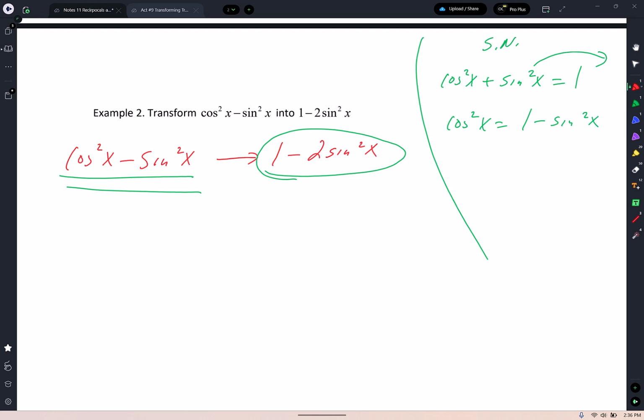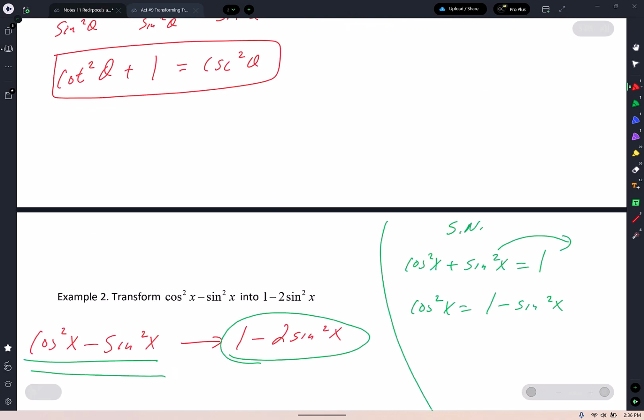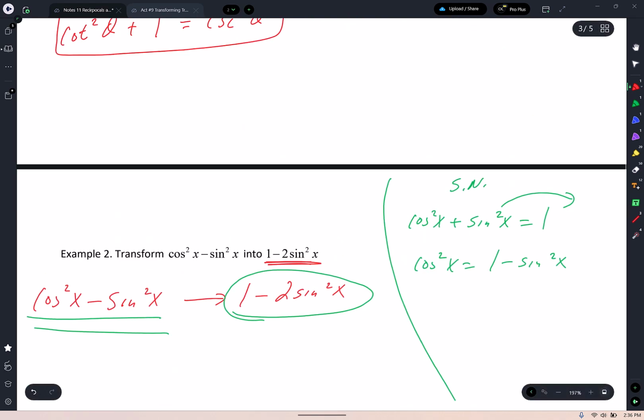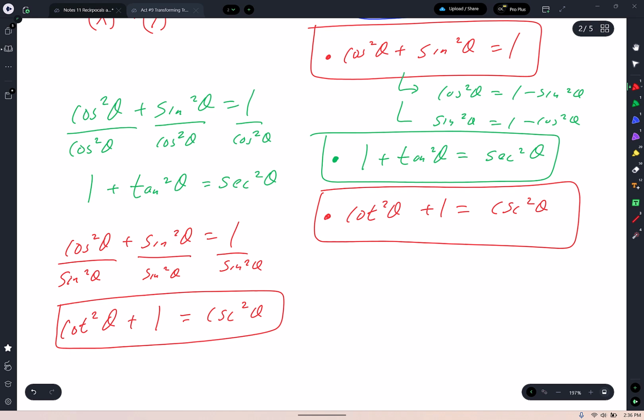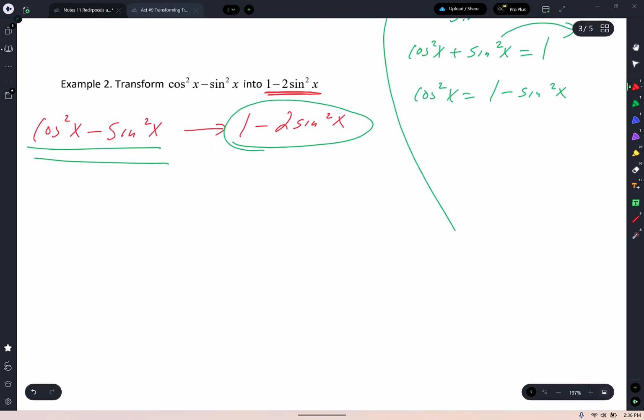Yeah, we did. But I don't need to divide now because we're trying to find 1 minus 2 sine squared. And notice these two right here will not help me. So I'm rewriting it. I take my cosine squared and I'm going to drop it.